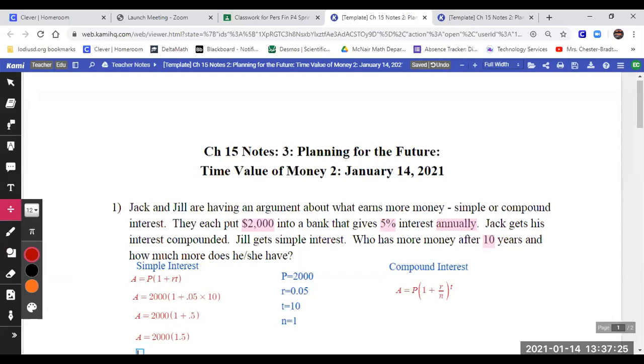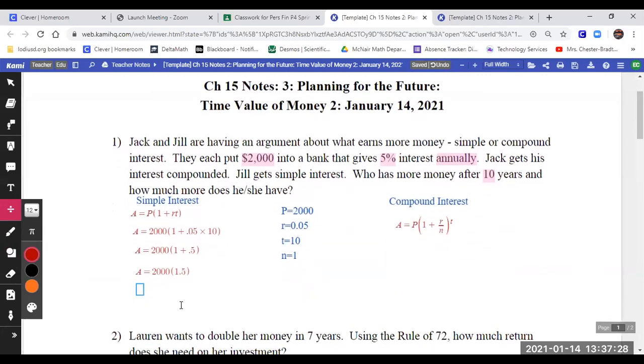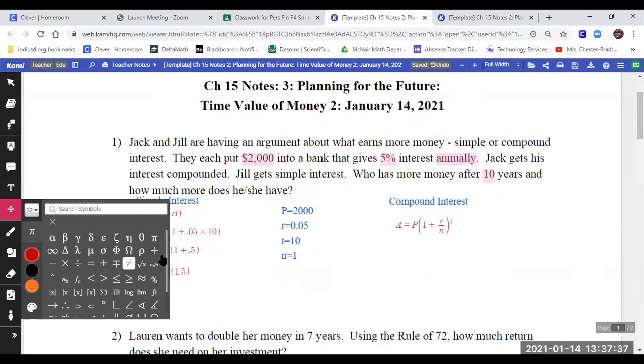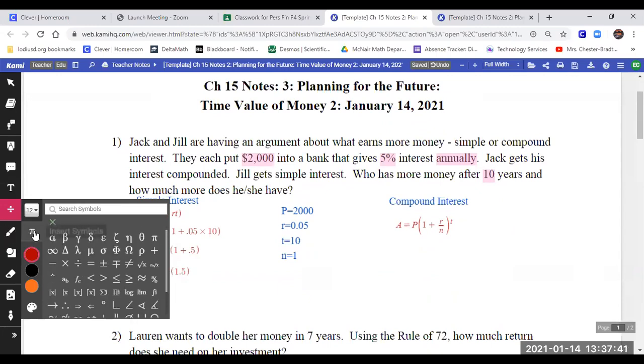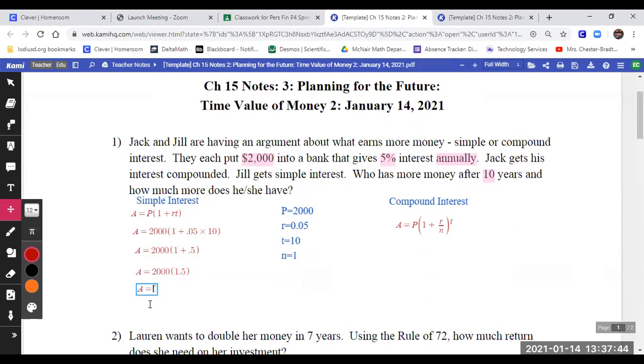If we do 2,000 times 1.5 on the calculator, how much money do we get? 3,000.